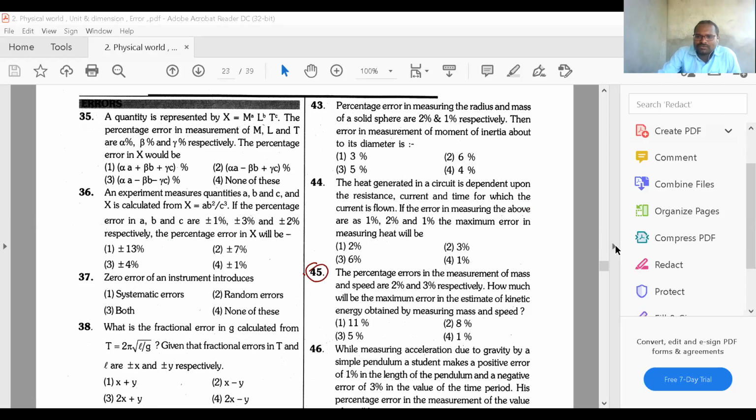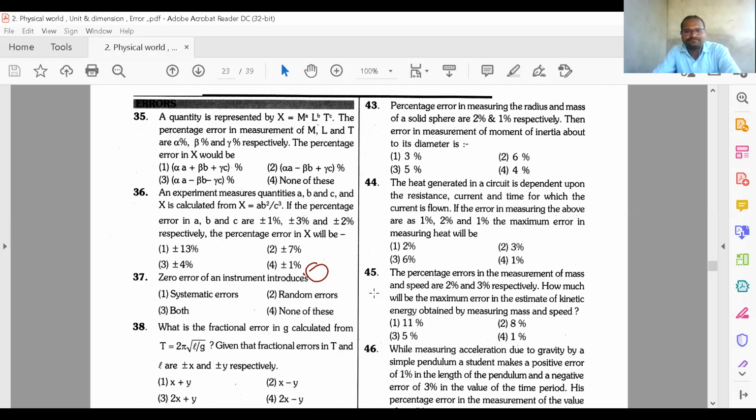Question number 45. The percentage error in the measurement of mass and speed are 2% and 3%. That means in the measurement of mass, delta m by m percentage is given as 2%, and speed, delta v by v percentage, is 3%.